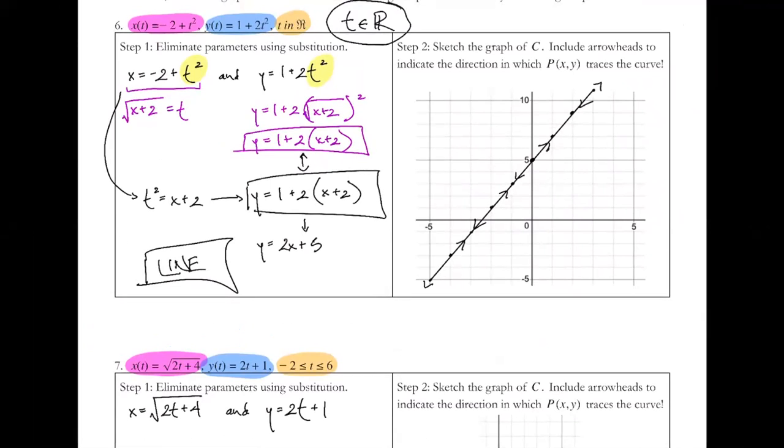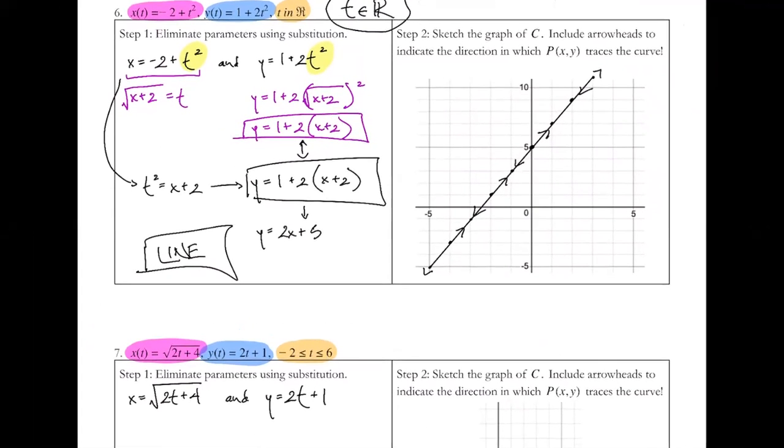Like t squared was a common term between both equations, okay? Yeah, so we have a common term this time of 2t. So it does sound very reasonable that we should isolate the 2t, and we can do that by squaring the equation and subtracting the 4 and then substituting, okay?